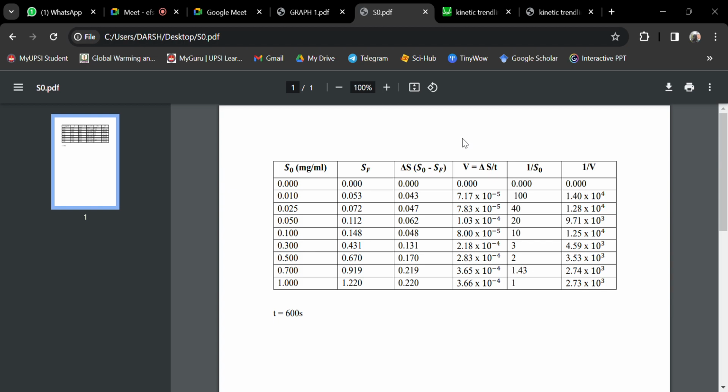Betul? And then how you get the delta S? How you get it is by S0 minus SF. So you tahulah the difference of berapa starch yang telah digested. What is the amount of starch that has been digested? Yang tu clear tak? You have to make that things clear dulu.